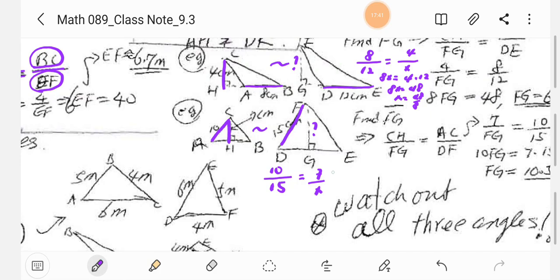Then you can find x. So cross multiply, so 10x is equal to 7 times 15. Then 10x is equal to 105. Then divide each side by 10, so x is equal to 105 over 10. So 10.5.